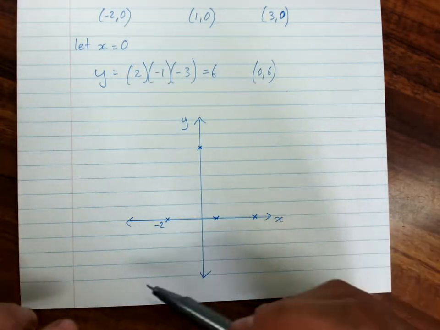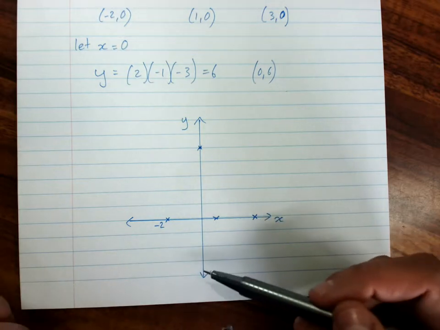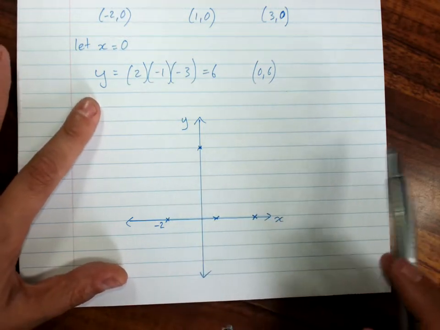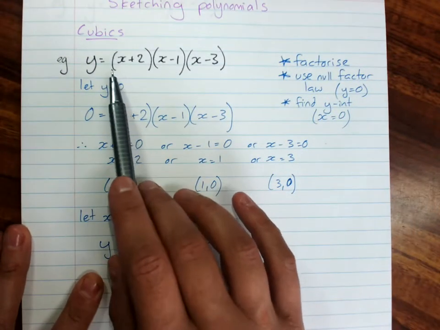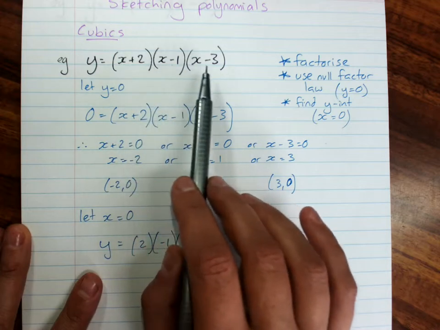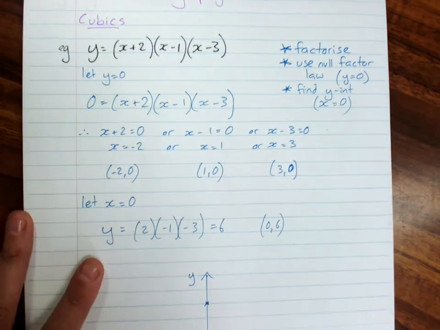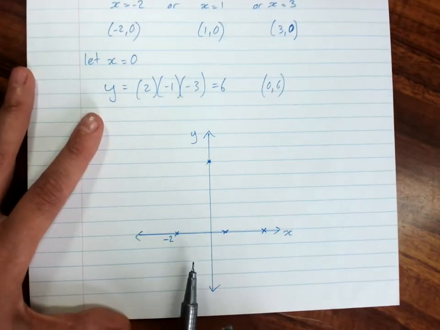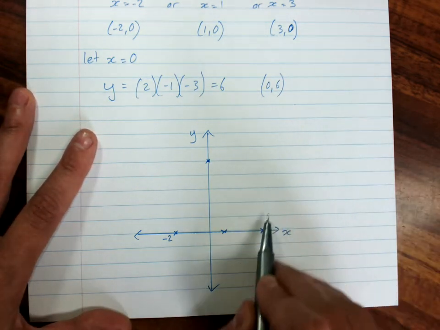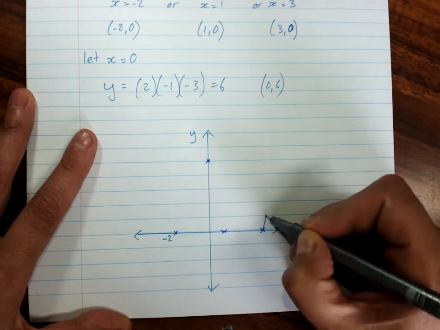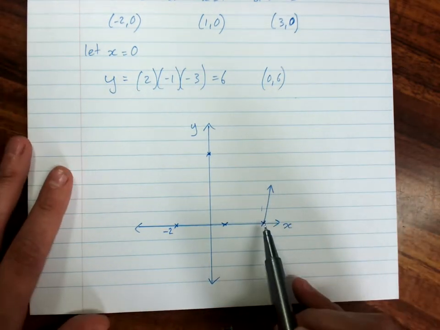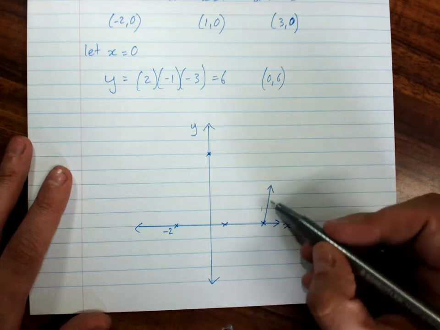Now, we are just sketching with these aspects, and the one thing we do need to know is that our x cubed, x times x times x, is positive, and so our graph points upwards to the right. That means this is a good starting point going upwards from that last intercept.